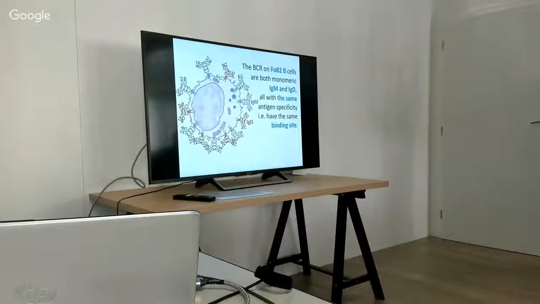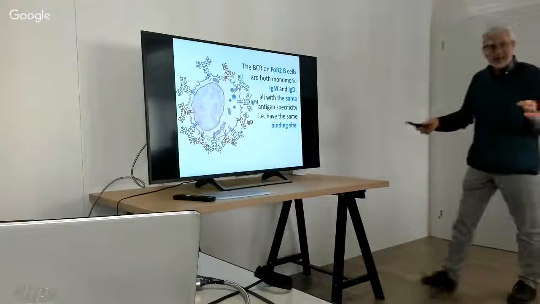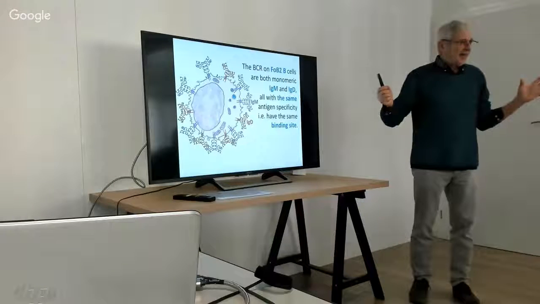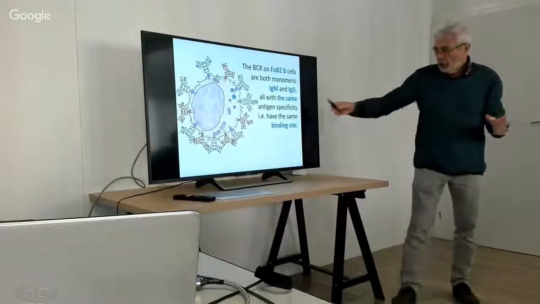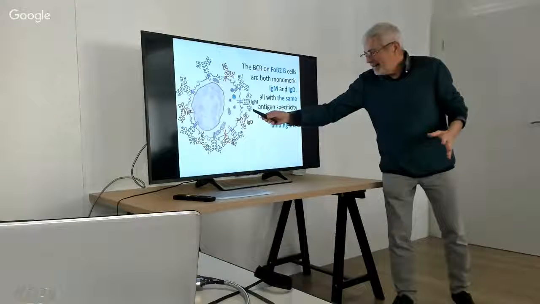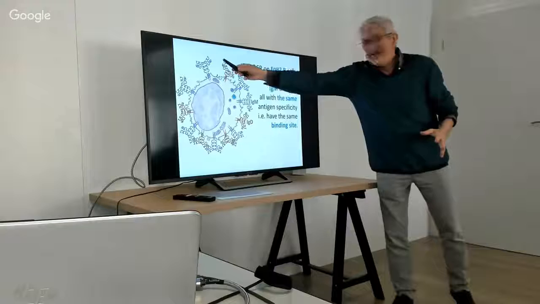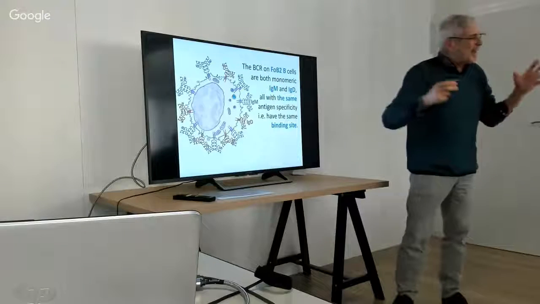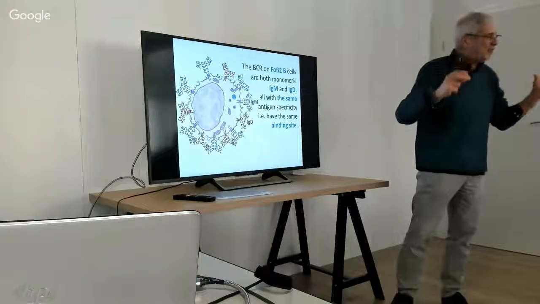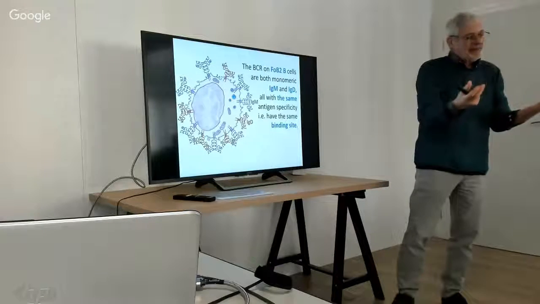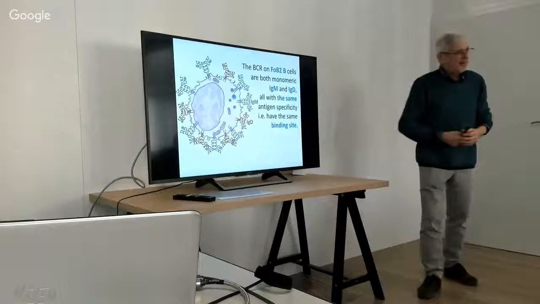Okay, please, absolutely, you will have in your test a question about that. You cannot make a mistake. It's very important. All of these interact exactly here. They have exactly the same sequence of amino acids. They interact with the same target, IgM, IgD, when they are on the membrane of the same B cell.